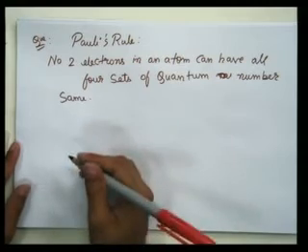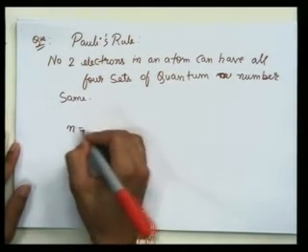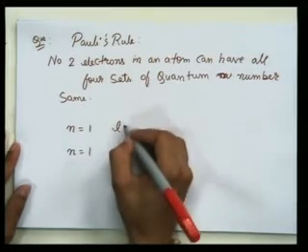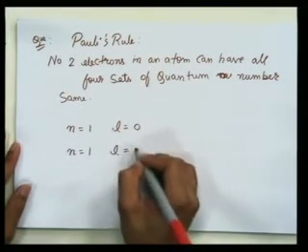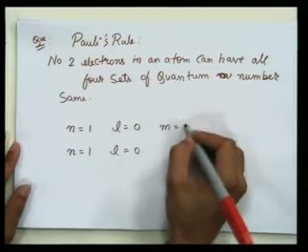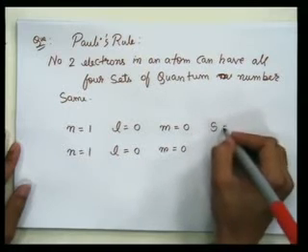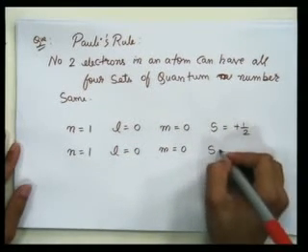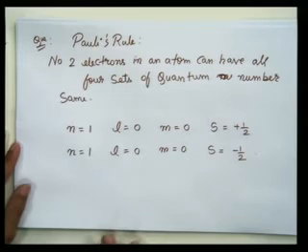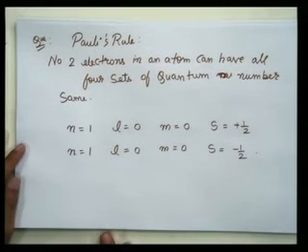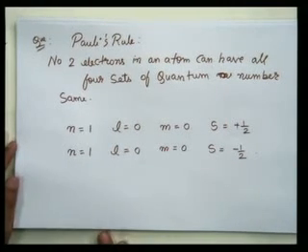So we can write it here like this: n equal to 1, n equal to 1, l equal to 0, l equal to 0, m equal to 0, m equal to 0, and spin, if here it is plus half, then here it can be minus half. So this states that no two electrons can have all four sets of quantum numbers the same, and this is basically Pauli's rule.